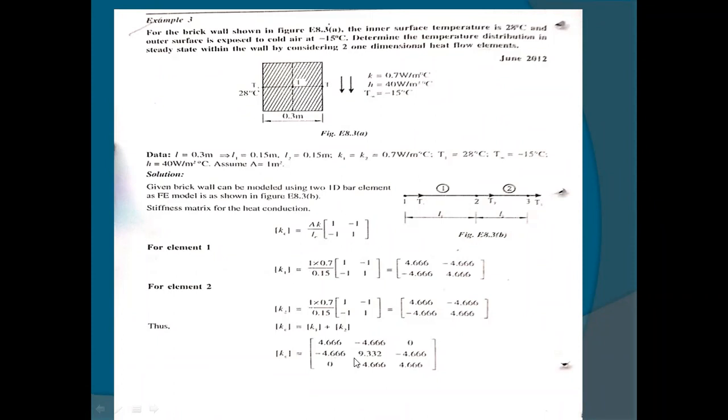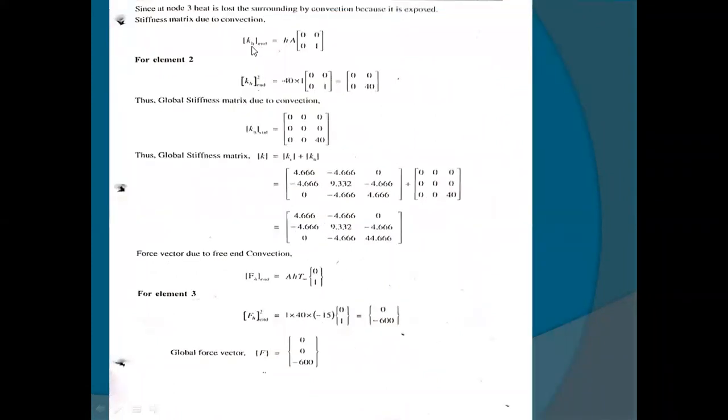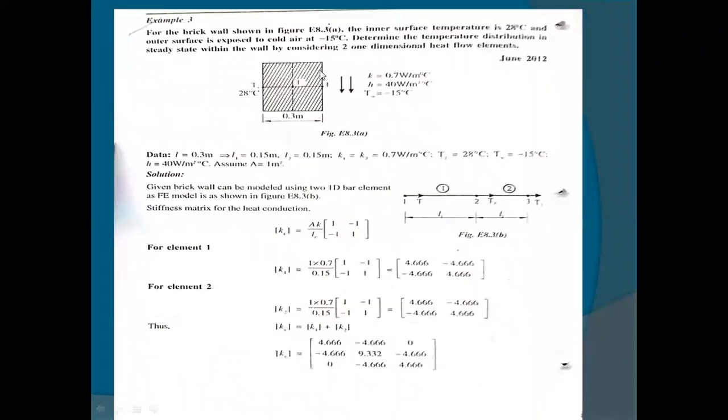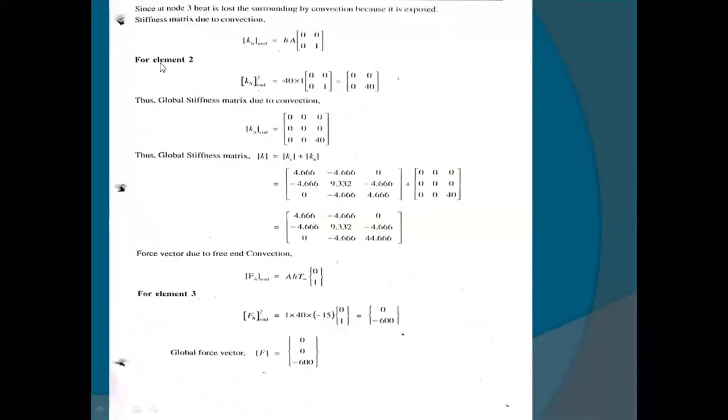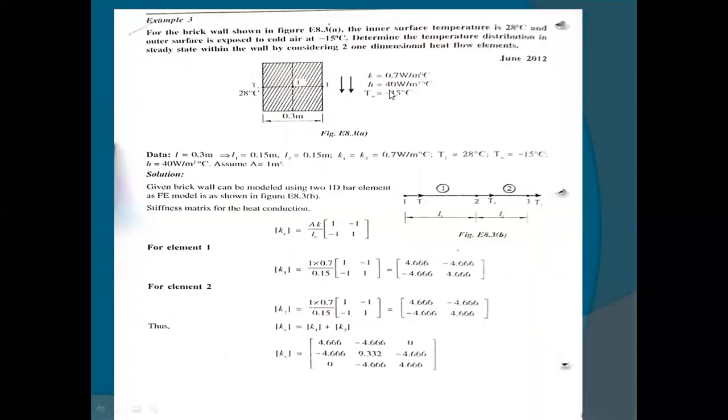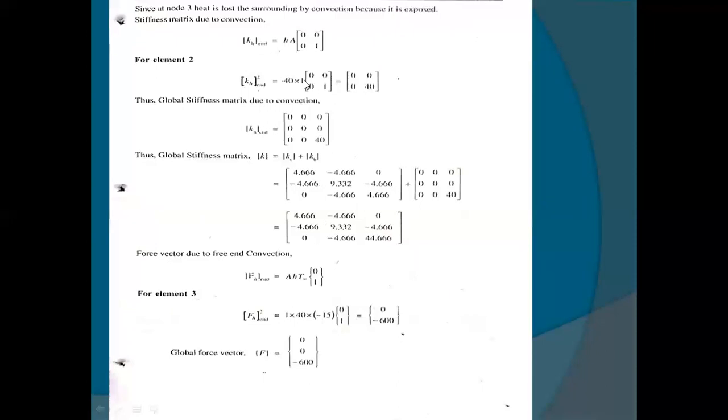Same thing, we are going to calculate the stiffness matrix for the convection. This is the formula, Kh at the end is equal to hA times [0 0; 0 1]. Now we have convection at this side, at the outer surface. Therefore for element 2, Kh end is equal to, h they gave in the question as 40, area is equal to 1, times [0 0; 0 1], then we will get 0 0 0 40.